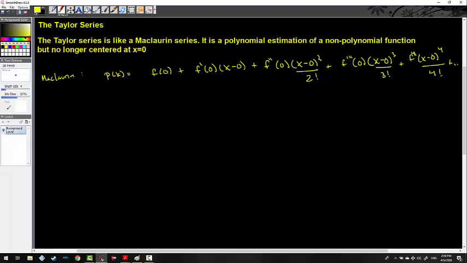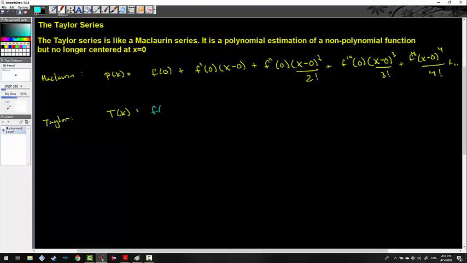Well, notice how 0 is going into f and f prime and all those other places, and x is literally being shifted either to the left or to the right by 0. Well, the Taylor series does exactly the same thing, and in this case I'll call it capital T of x just to make things distinguished. And in fact, speaking of distinguished, I'll go and change colors just so that we can see it better.